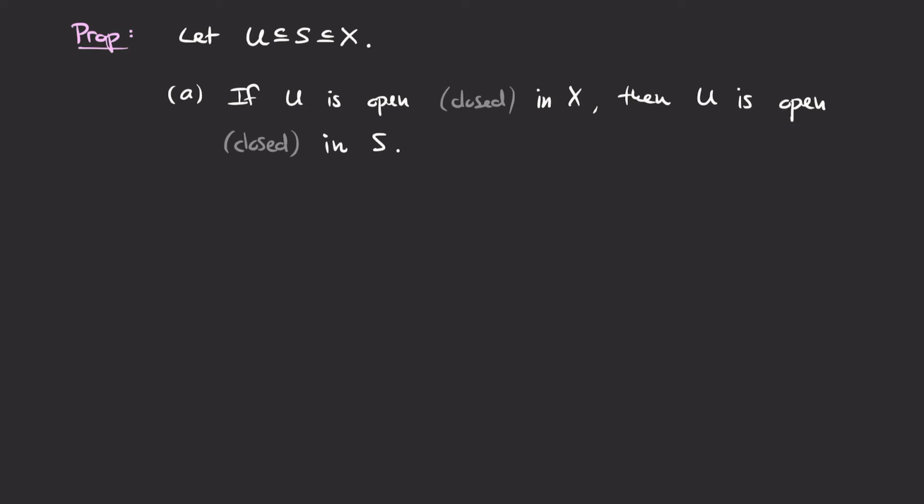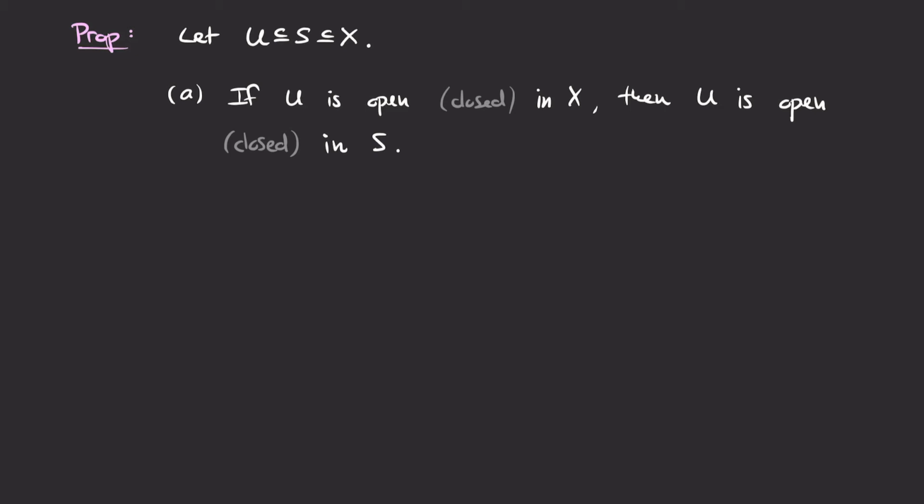However, the open sets and closed sets of a subspace aren't entirely unrelated to the open and closed sets of the larger space. And this is something that we'll show in the following proposition. So for this, we suppose that U is some subset of a subset S of a topological space X. Now, part A of the proposition says that if U is open in the larger space X, then U is also open in the subspace S. This is something we saw in the first example we looked at.